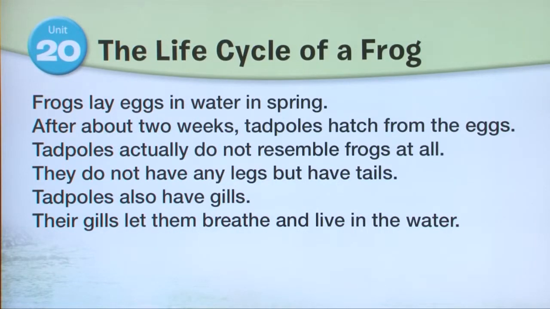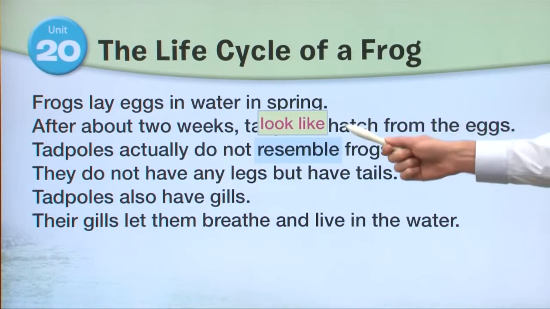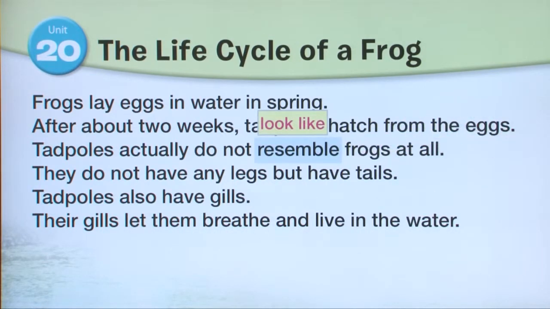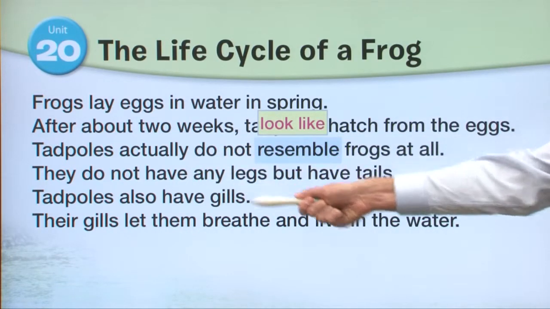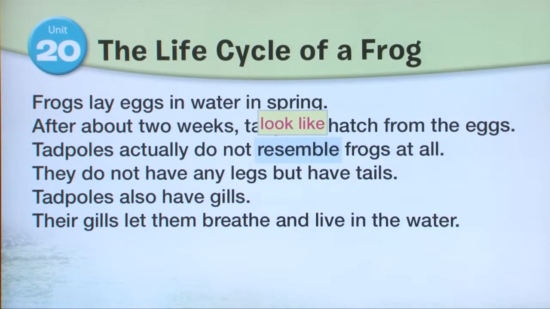Tadpoles actually do not resemble or look like frogs at all. Why not? How are frogs and tadpoles different? Well, first up, tadpoles don't have any legs. But instead of legs, they have tails, which help them swim in the water, right?